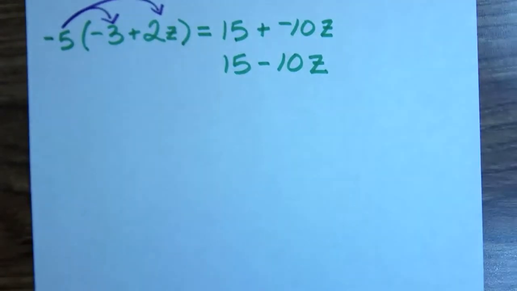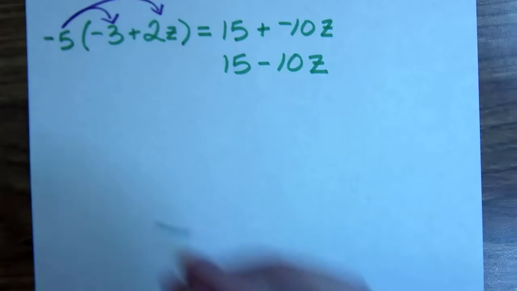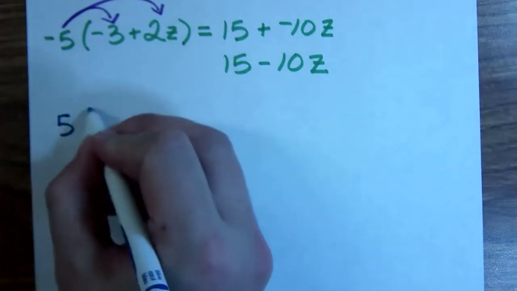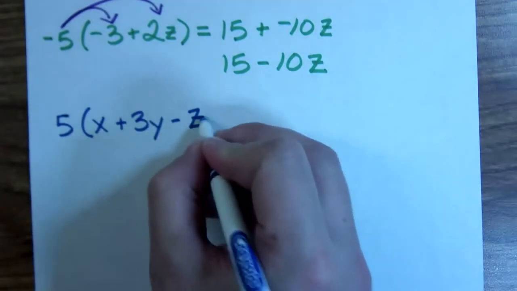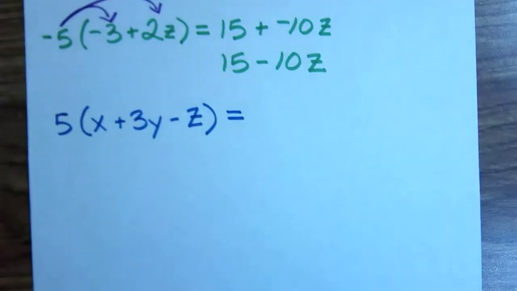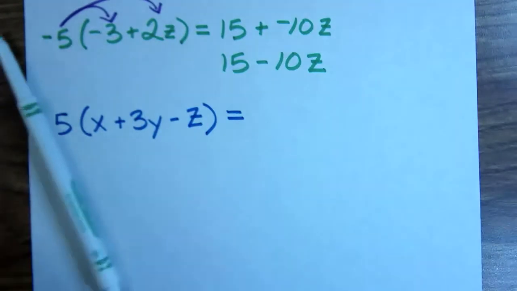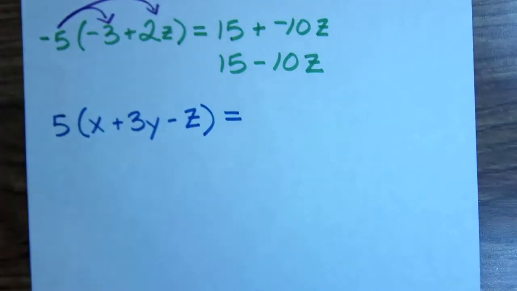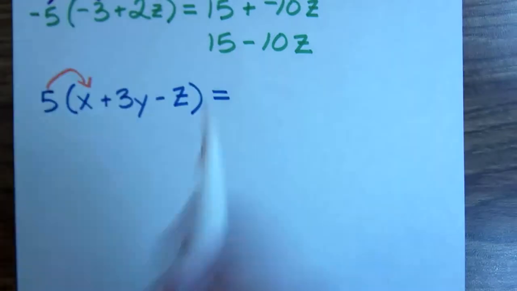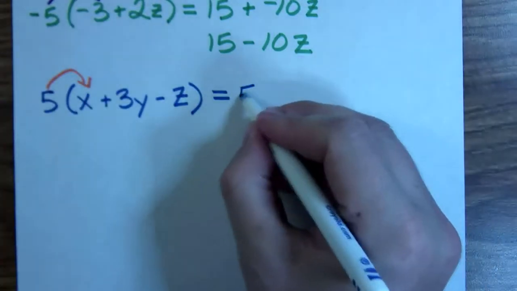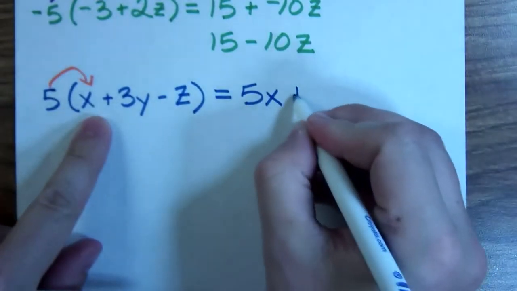You can even do the distributive property when you've got more than two things in the parentheses. For example, 5 multiplied by x, 5x, plus 15y.